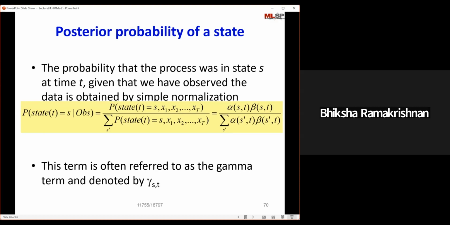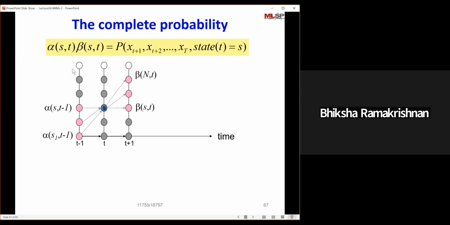So here, what happened here was this computes the joint probability of the observation sequence and the state, right? What we need is the posterior probability of the state given the observation sequence. How would you derive that from this guy here? Anyone? How would you derive that?